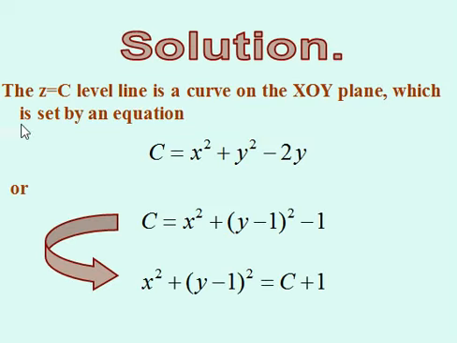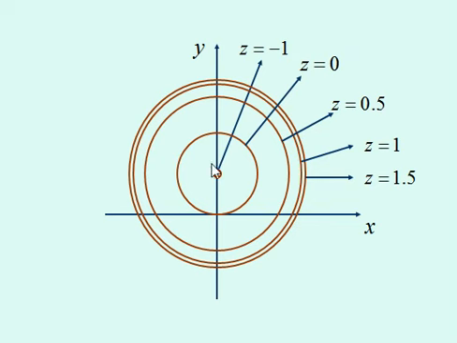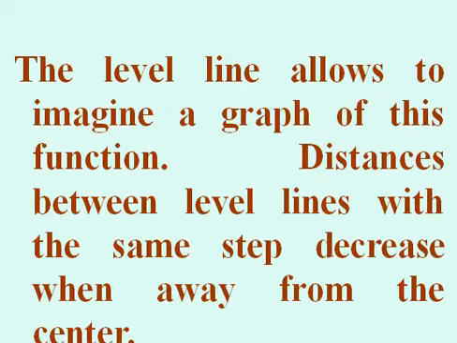We may fix z is equal to c. Here, instead of z we may write c. And we see that we may rewrite this equation in such a way that we have a circle with a center at the point 0, 1 and radius equal to square root of c plus 1. So here we may see our level lines.